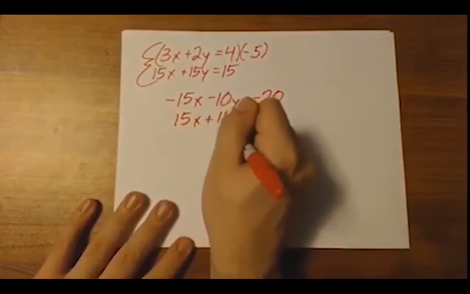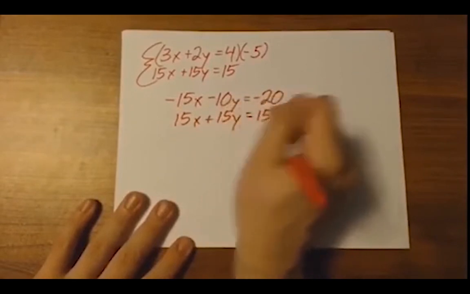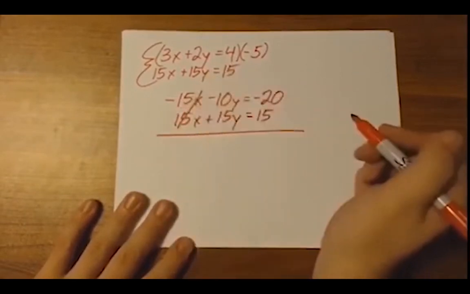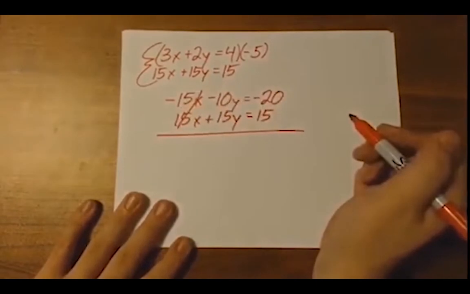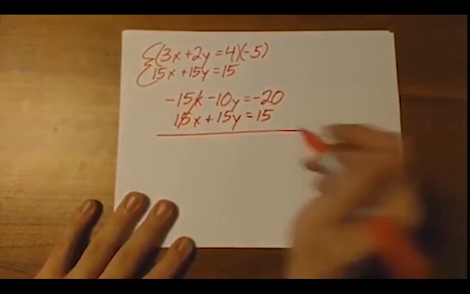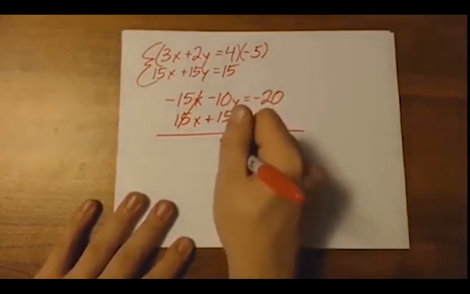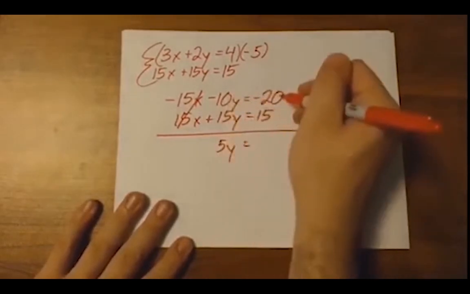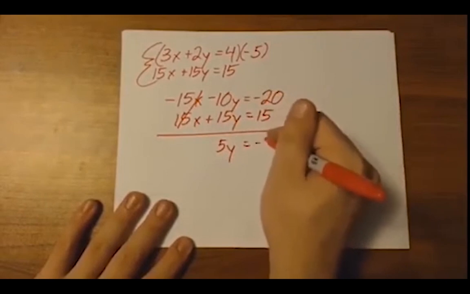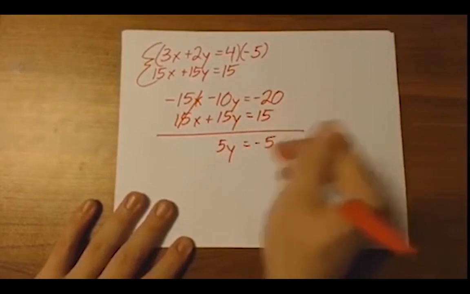Leave the equation 2 alone. The x's have been eliminated. Negative 10y plus 15y is 5y. Negative 20 plus 15 is negative 5.